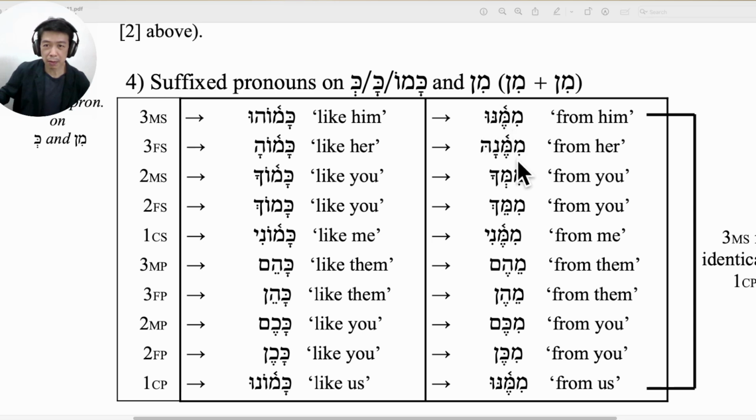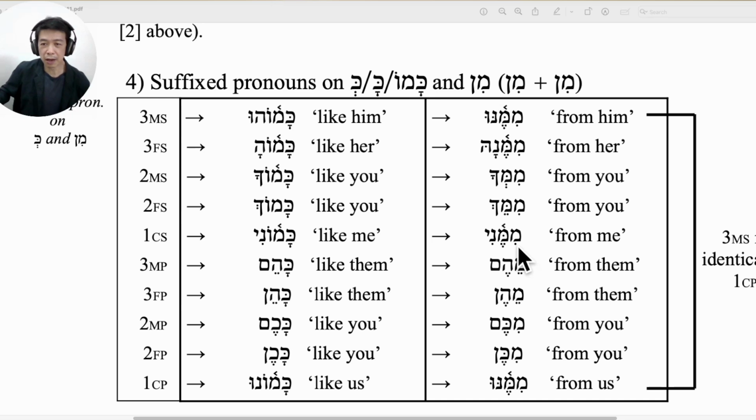From her it becomes mimena. From you it becomes mimeka. From you, feminine, becomes mimek.